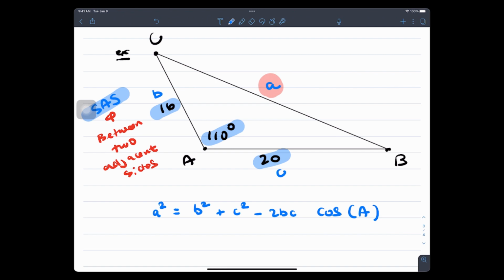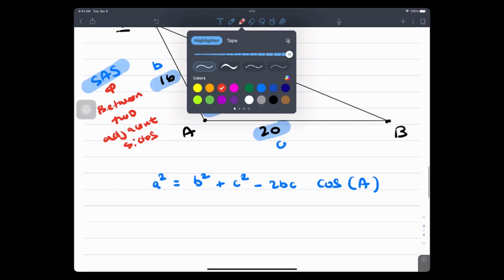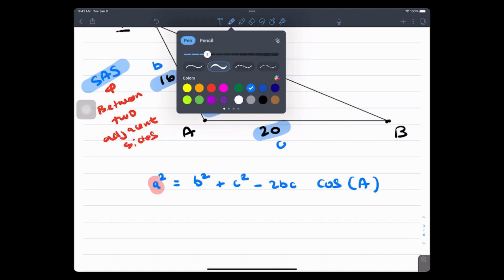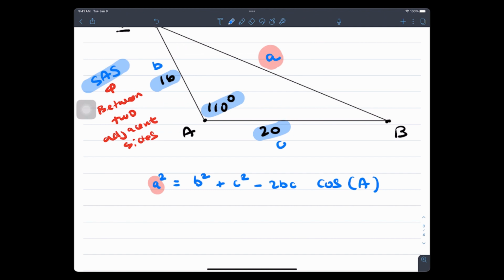And then you might say, well, what do I do with this now? Well, this allows you to find A. That means side A. Everything else is given. So that means A squared becomes what? 16 squared plus 20 squared minus 2 times 16 times 20 times cosine of 110 degrees.